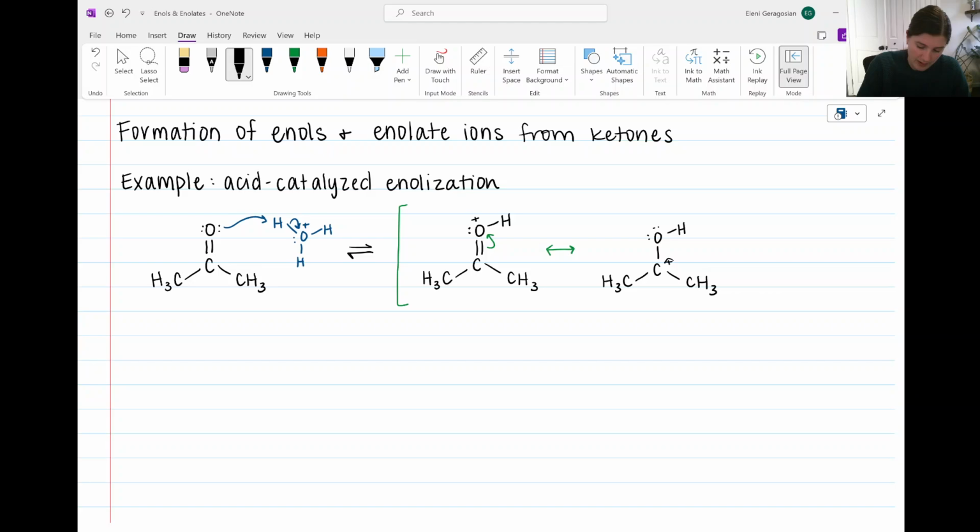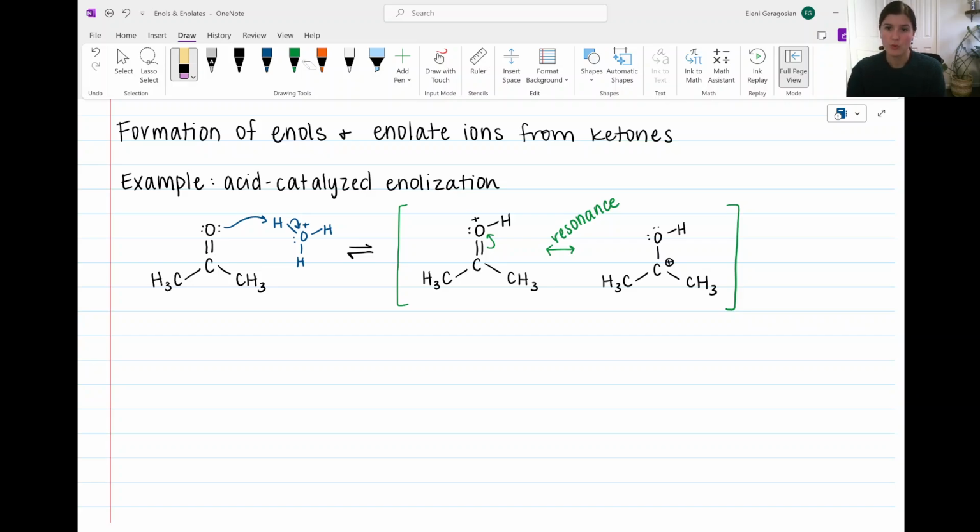So now we have a positively charged carbon. Now to form the enol, if we have water present in solution, instead of adding directly to that carbonyl carbon, that would give us a diol as the product.